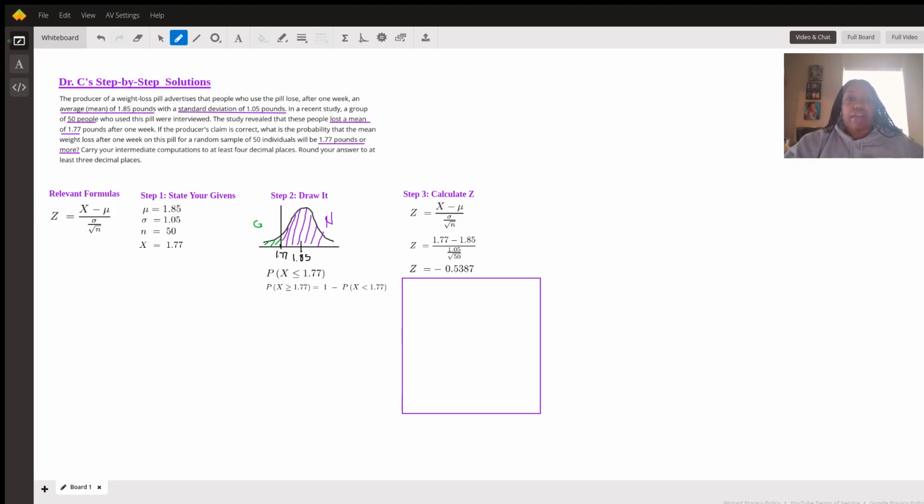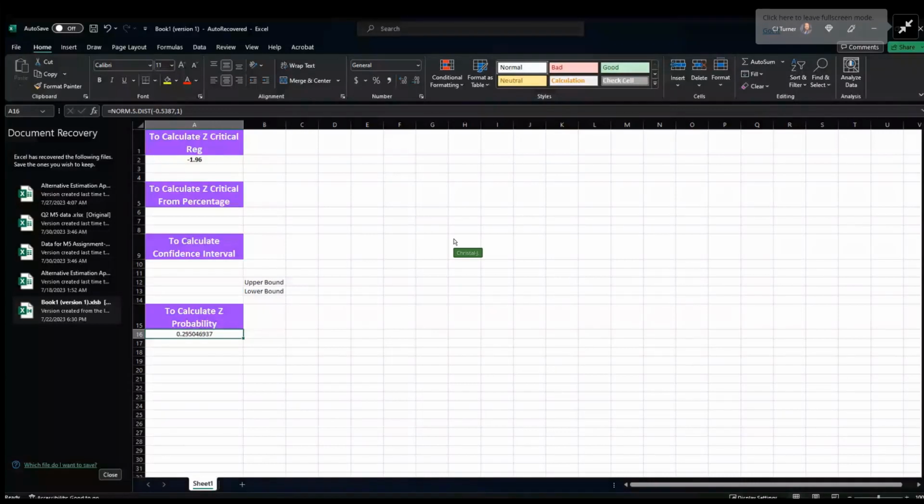Now the prompt says to calculate at least 4 decimal places. I advise you to go to your calculator or something like Excel.